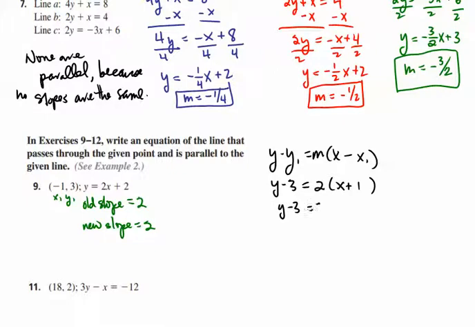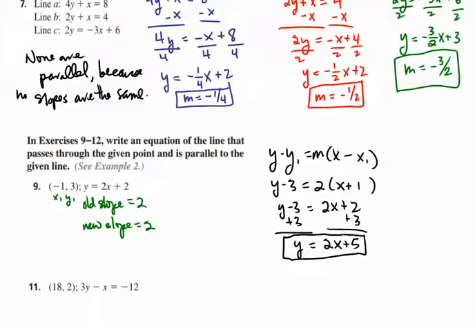Y minus 3 is 2 times x plus 1. Sorry, I should distribute there. So y minus 3 is equal to 2x plus 2. Adding 3 to both sides, we end up with y is equal to 2x plus 5. And so that is what my goal is, to find that equation.